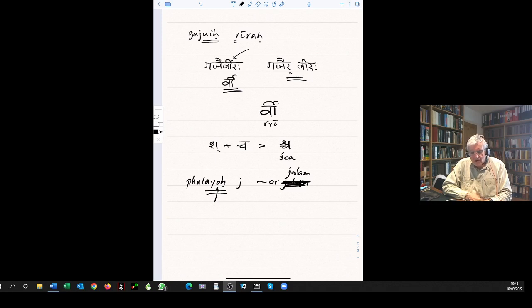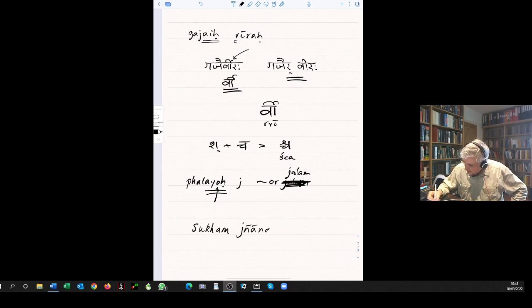So you'll see sukham written on its own, but followed by jnanasya, M followed by consonant becomes the over dot.